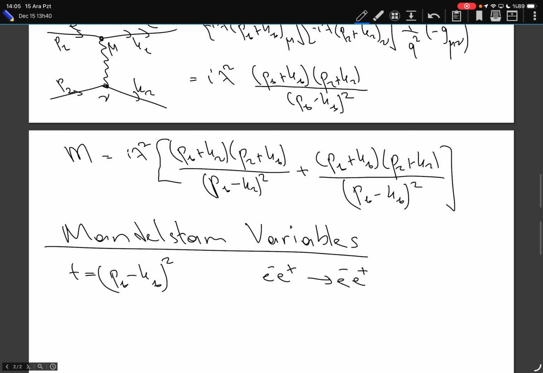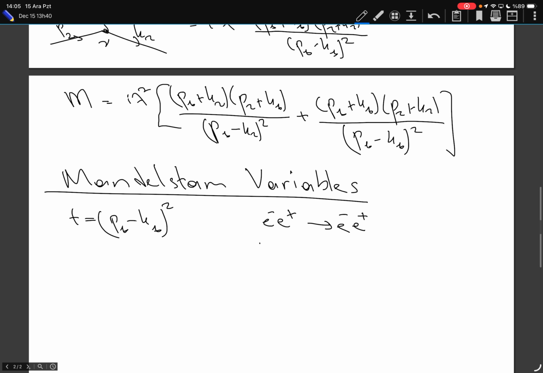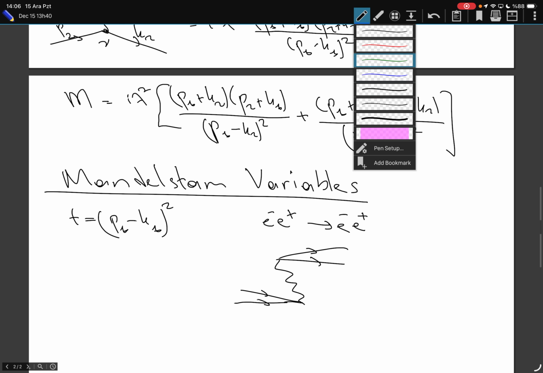With some imagination, there is such a diagram where the initial electron and positron annihilate, create a photon, which then creates the final electron and positron.